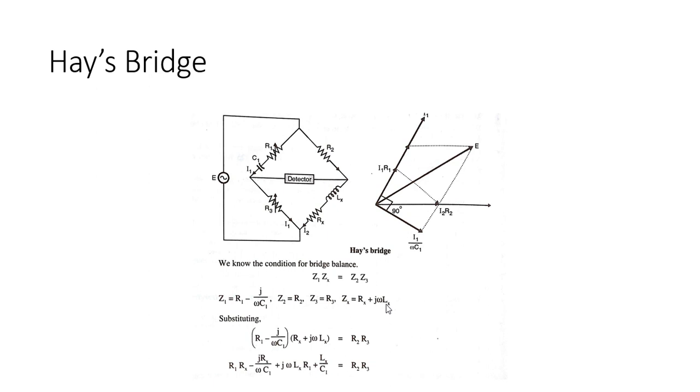Now just substitute the values that we have taken into this equation. We will get the values of Z1, Zx, Z2 and Z3 like this.